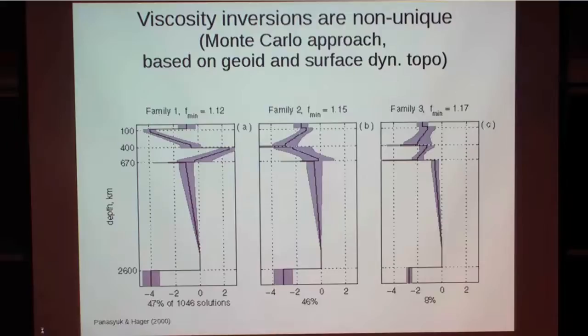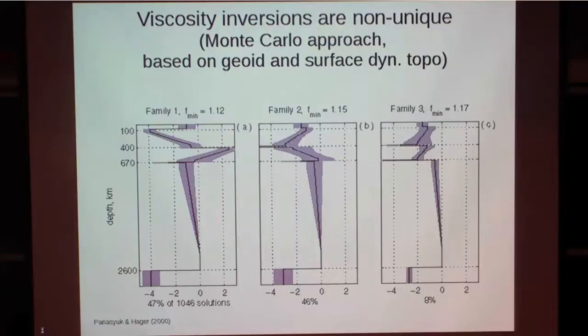That has been a community effort since the early 90s. Here's an example by Panasuk and Hager, where they did a Monte Carlo approach and tried to fit dynamic topography and the geoid, and they found that there are these three families of viscosity structures that work equally well. We don't have to discuss those in detail, but there's a large degree of non-uniqueness in these geoid inversions, regrettably.